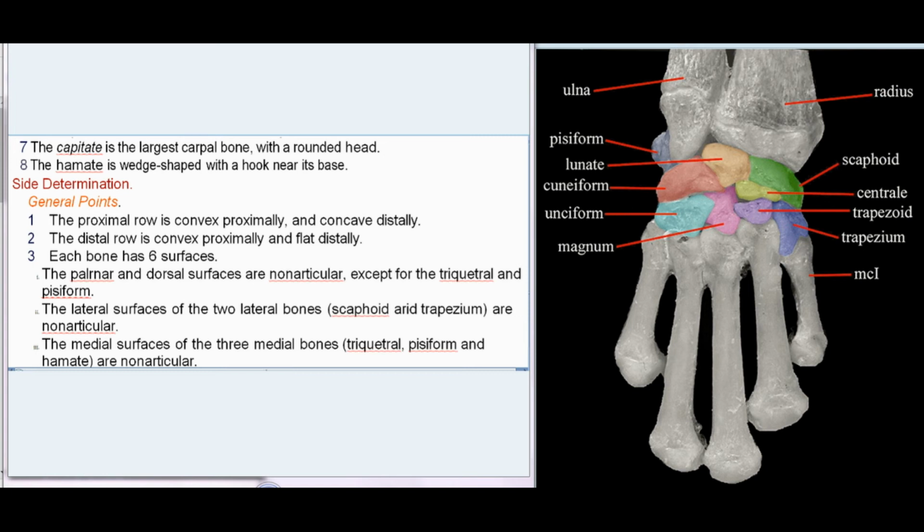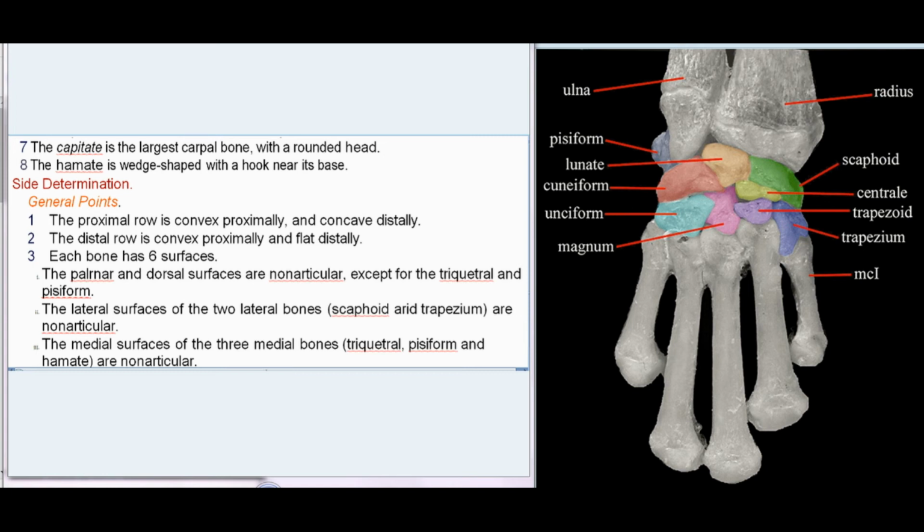Side determination. General points. 1. The proximal row is convex proximally, and concave distally. 2. The distal row is convex proximally and flat distally. 3. Each bone has 6 surfaces. The palmar and dorsal surfaces are non-articular, except for the triquetral and pisiform. The lateral surfaces of the 2 lateral bones, scaphoid and trapezium, are non-articular.